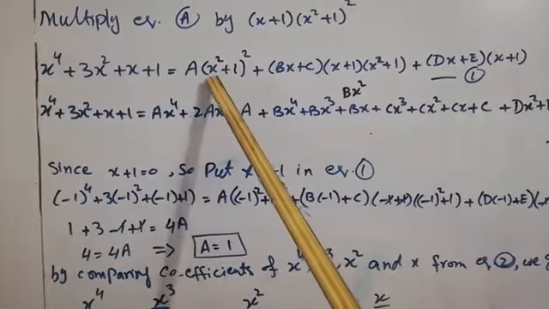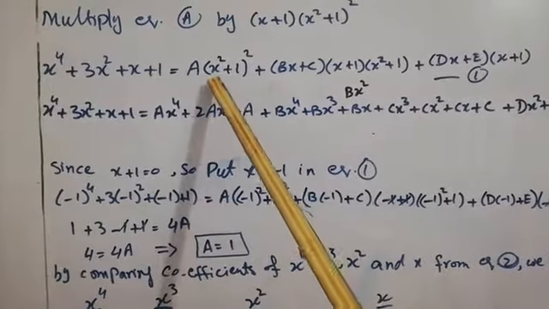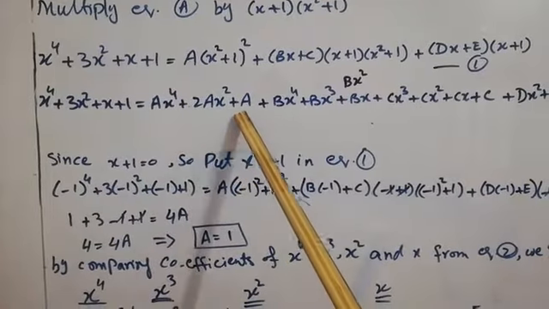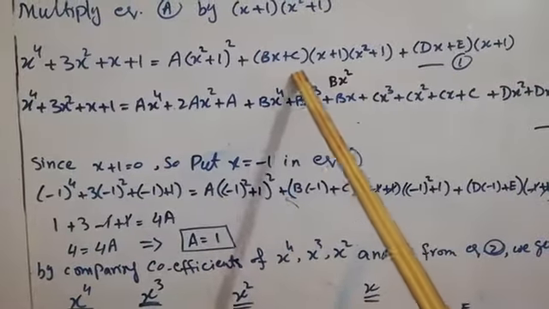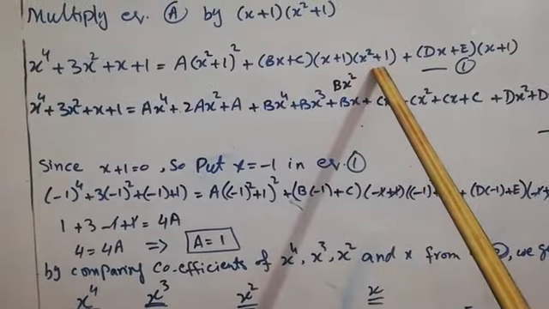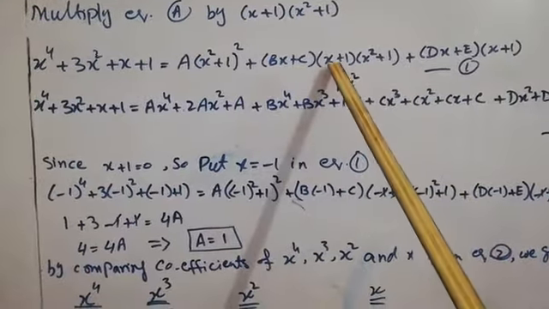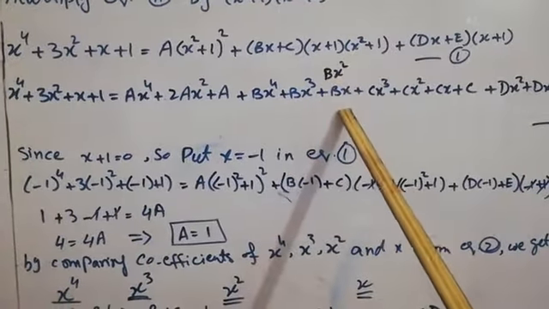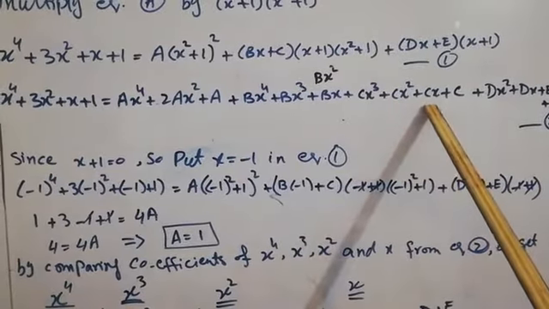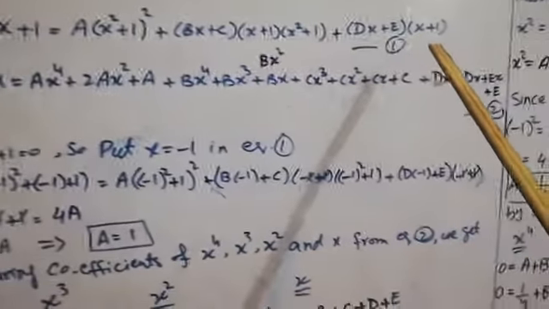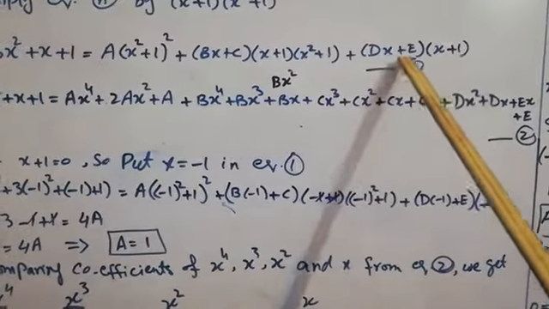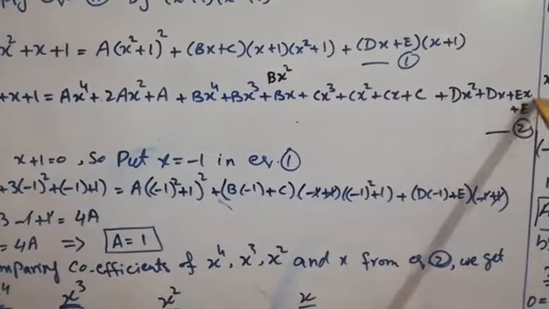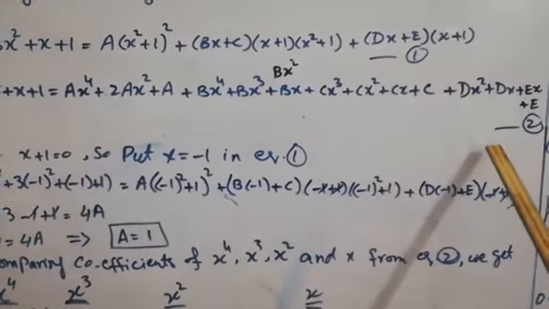Here we will use the formula a square plus b square plus 2ab for this, and then we will multiply it by A, and we get Ax4 plus 2Ax square plus A. And when we multiply these three brackets, all the values of these three brackets with each other, we will get Bx4 plus Bx cube plus Bx square plus Bx plus Cx cube plus Cx square plus Cx plus C. And here we will multiply these two brackets with each other and get Dx square plus Dx plus Ex plus E. This is equation number 2.